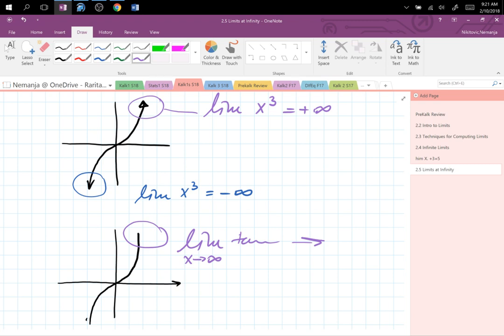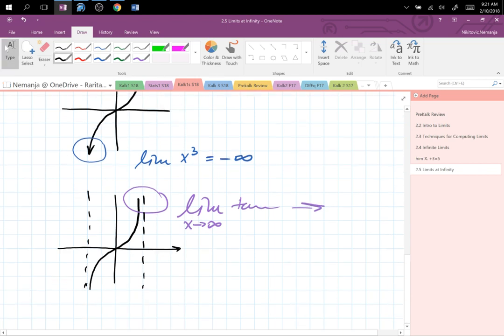Make sense? And I just noticed that these things disappeared, even though I erased all those courses. So that's not an issue. So I can't even write this because there is a wall at pi over 2. Tangent never goes to infinity.